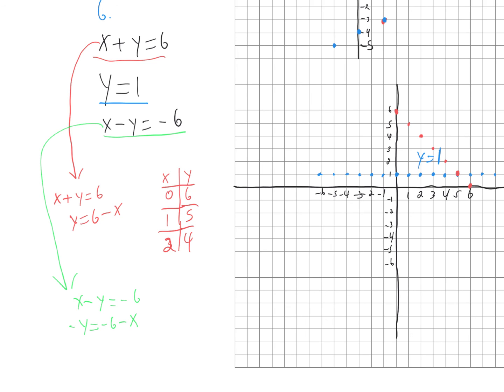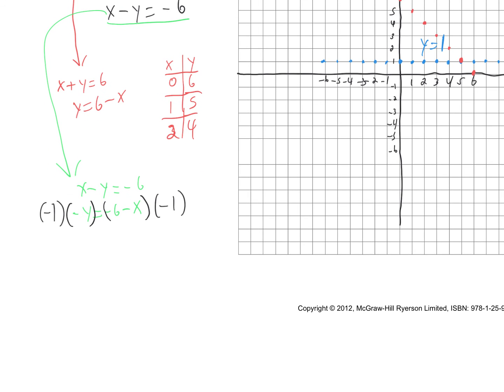What I'm left with now, if you notice, is a negative y equals negative 6 take away x. In order to get this to work, I need to multiply this negative y by negative 1 to make it a positive. But I also have to do the same thing to this side. Negative 1 times negative y leaves me with just positive y. And then negative 1 times negative 6 take away x leaves me with positive 6 plus x.